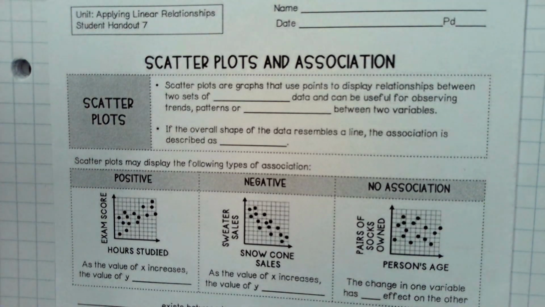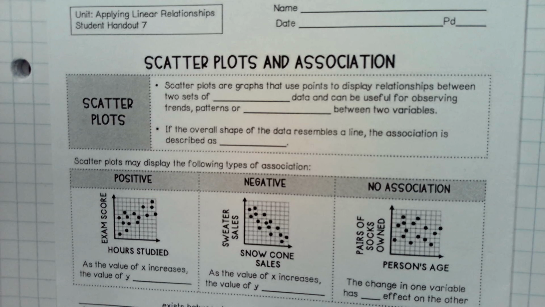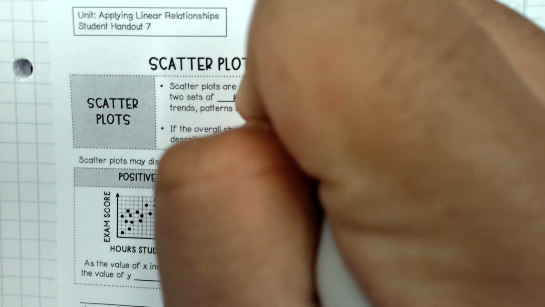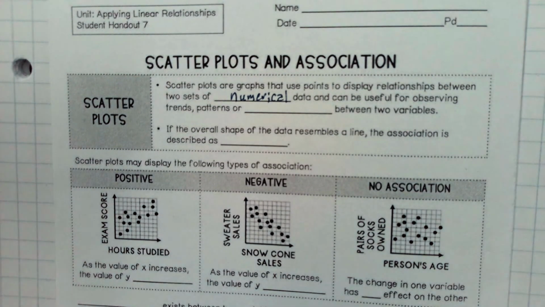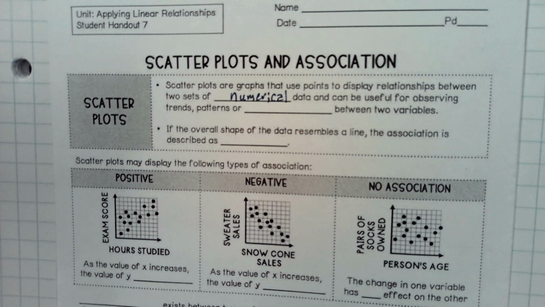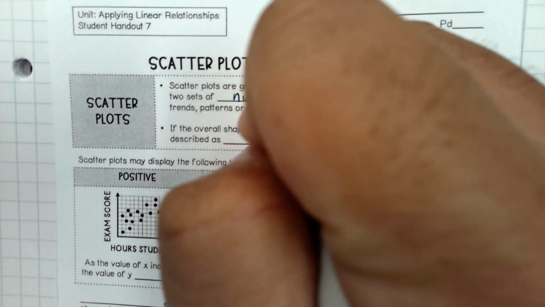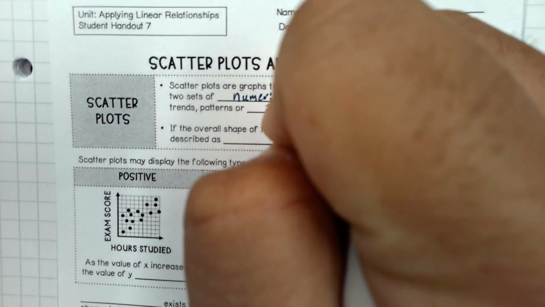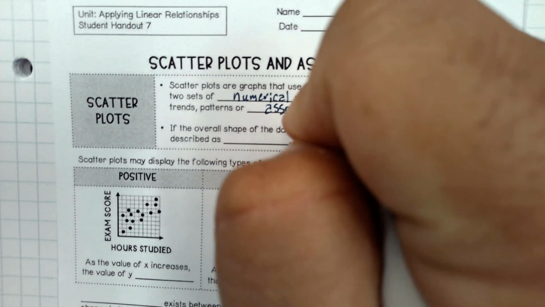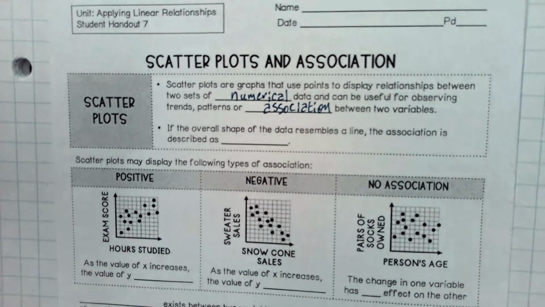So scatter plots. A scatter plot is a graph that uses points to display relationships between two sets of numerical data, and can be useful for observing trends, patterns, or an association between two variables.